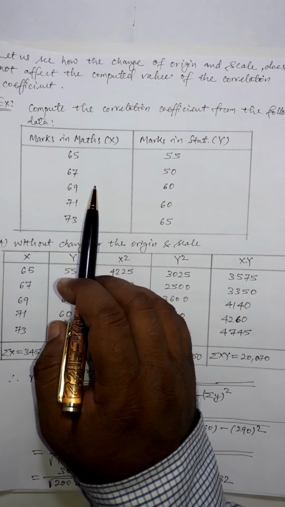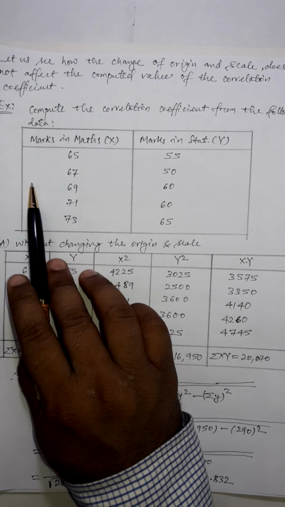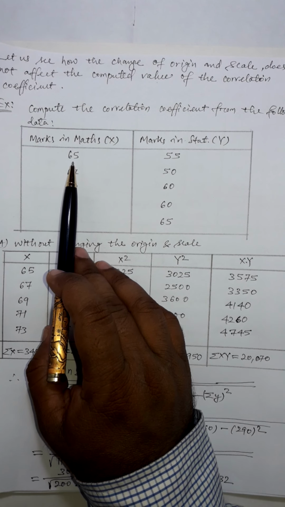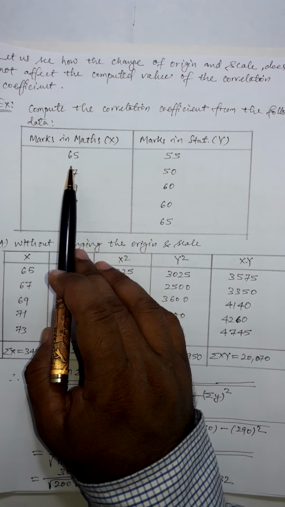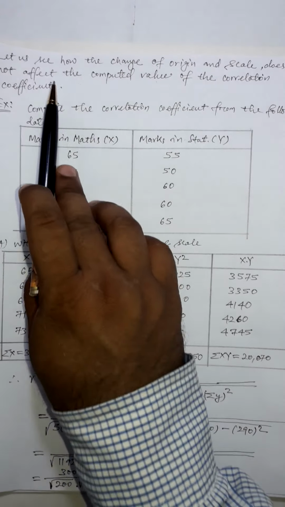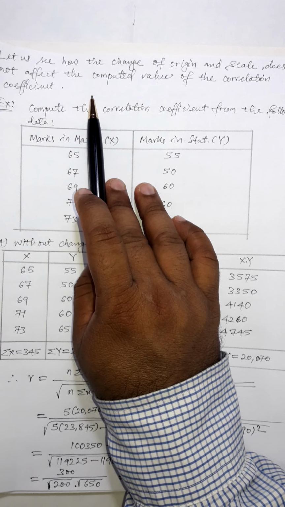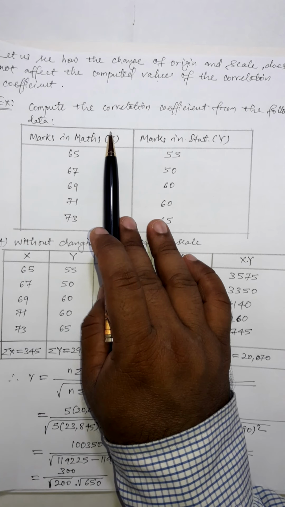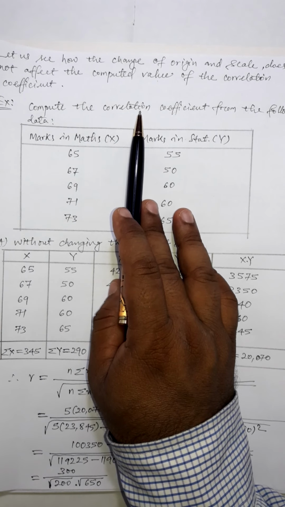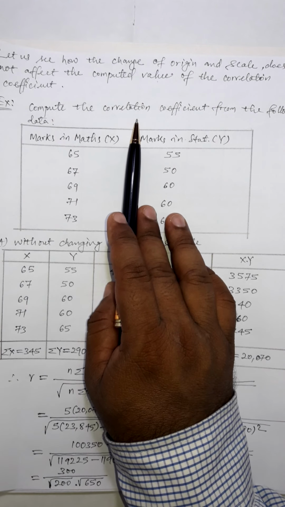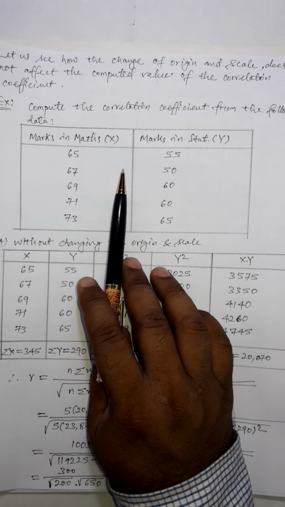Now, as I told you, at the end of this video we'll discuss through one example how the change of origin and scale does not affect the computed value of the correlation coefficient. Let's see how it will not affect the calculation of correlation coefficients.